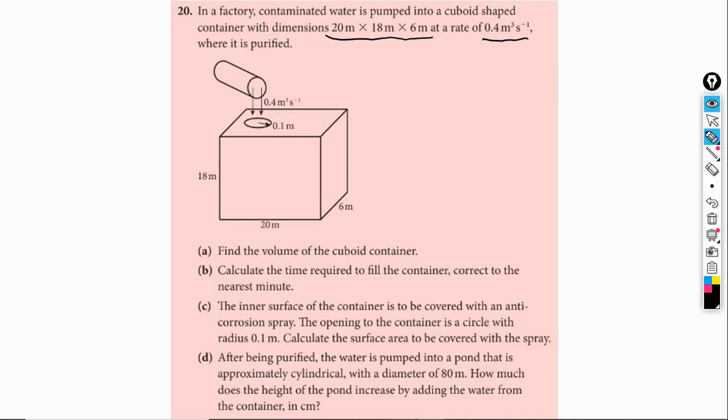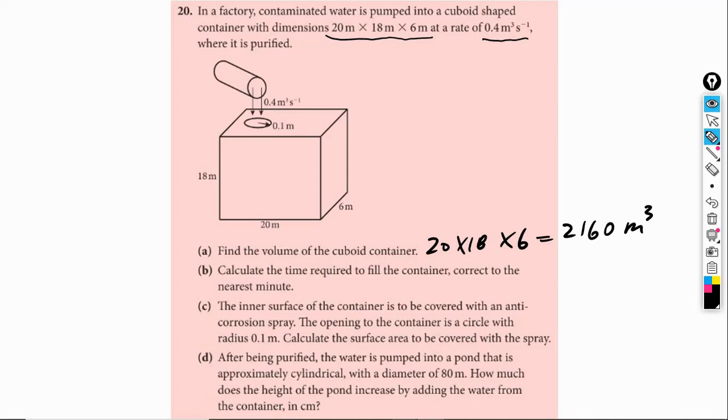Now, the volume is simply going to be multiplying 20 times 18 times 6, which are the dimensions of the cuboid. And this is going to equal 2,160 meters cubed. Now, B says, calculate the time required to fill the container correct to the nearest minute.